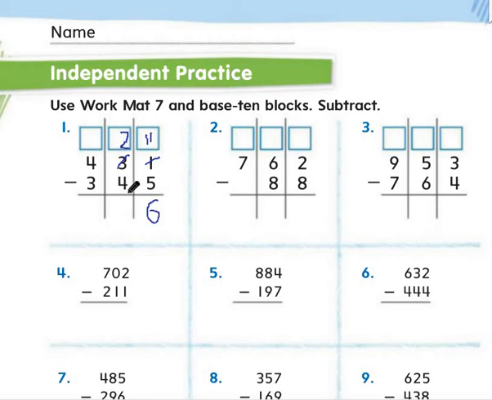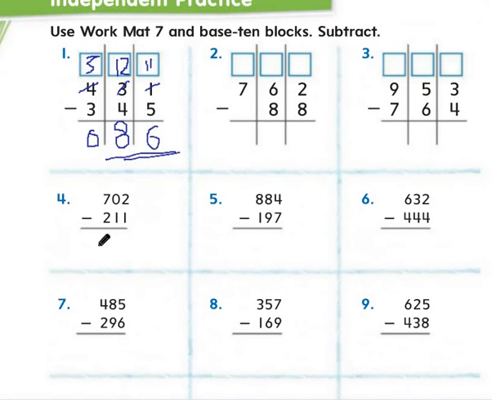We don't have enough tens, so we need to regroup again. So this 4 is going to be 3, and this 2 is going to be 12. Now we have more than enough tens. 12 minus 4 equals 8. Grade 2, now the last step is to subtract hundreds. 3 minus 3 equals 0. So the difference is 86.